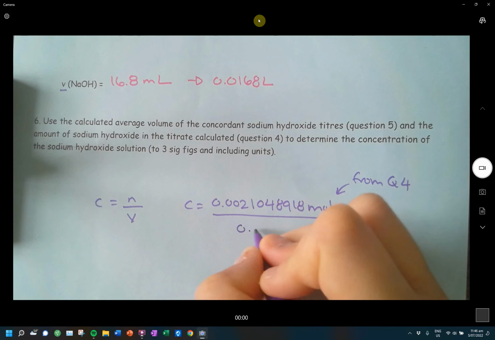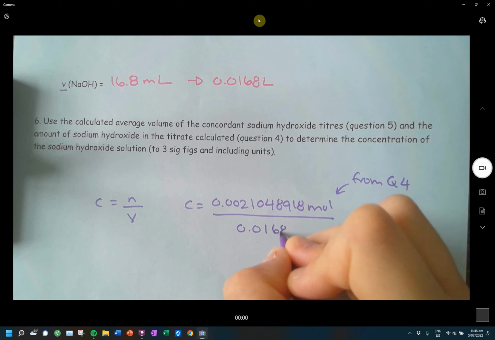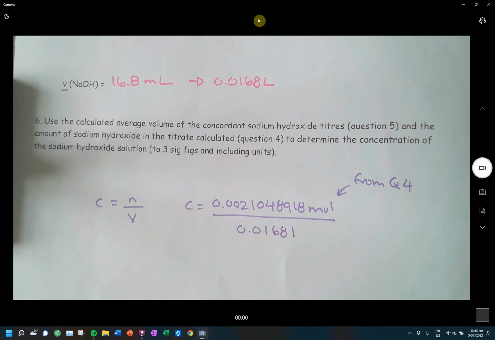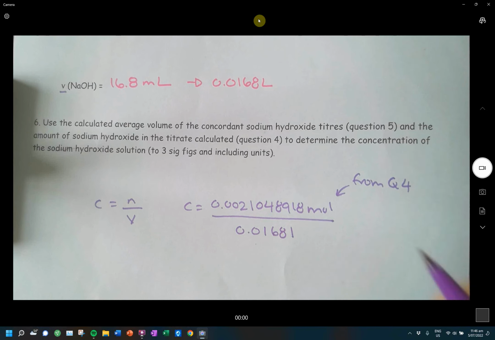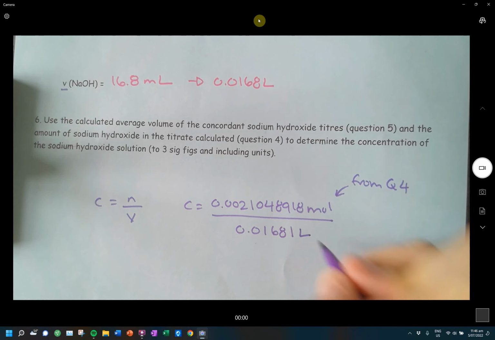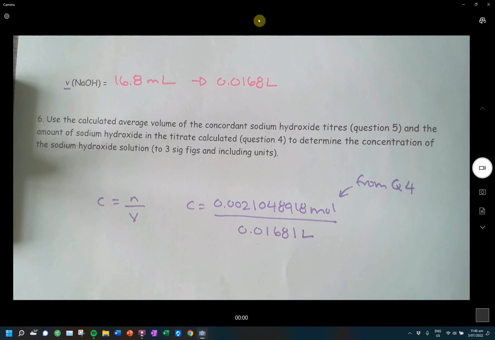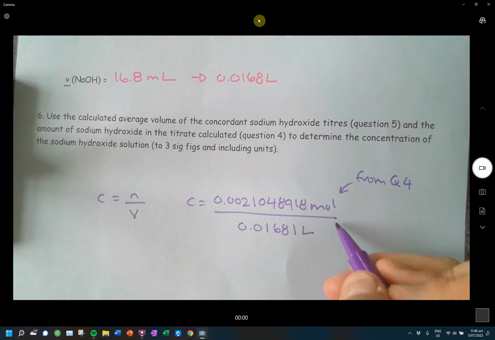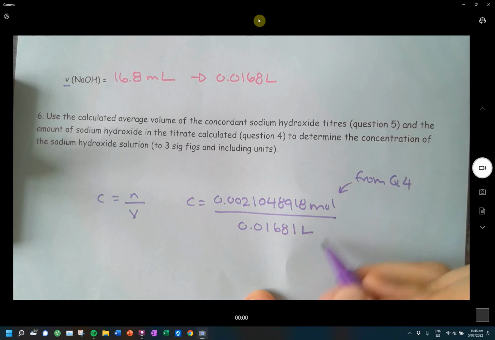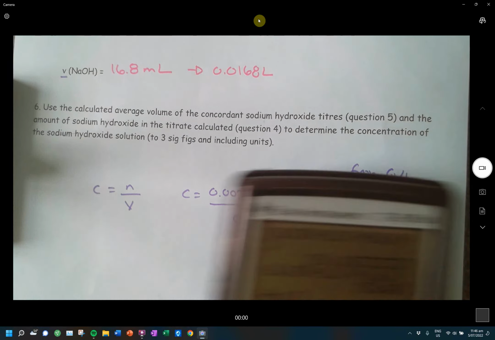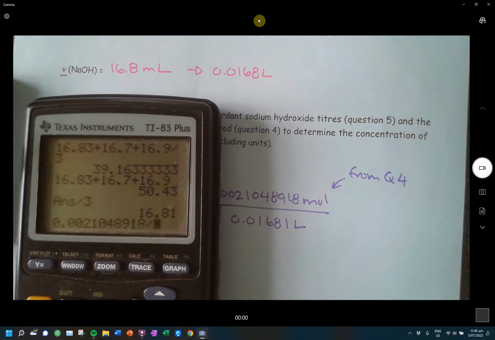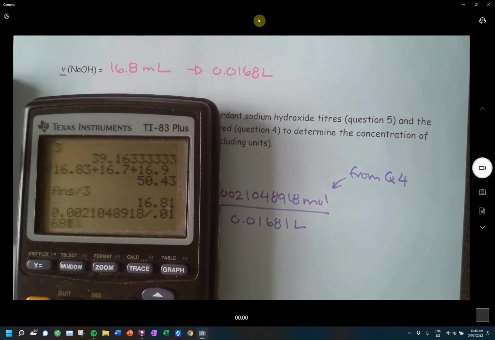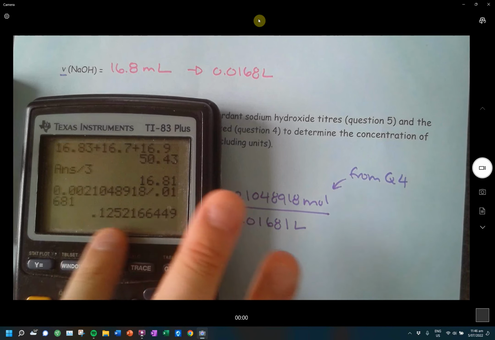I'm going to use the actual 16.81 because then I can have it more accurate with my calculation, and that's in liters. So I just do that division, and we see how we now have moles per liter in the right spots. So I take that number, I divide it by 0.01681, and that's my concentration.